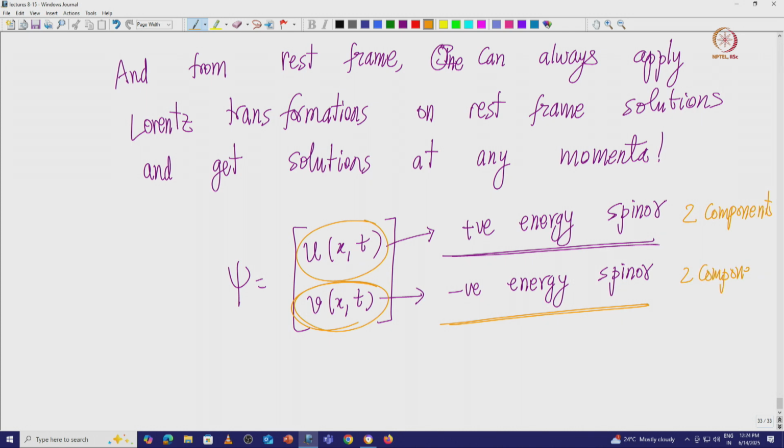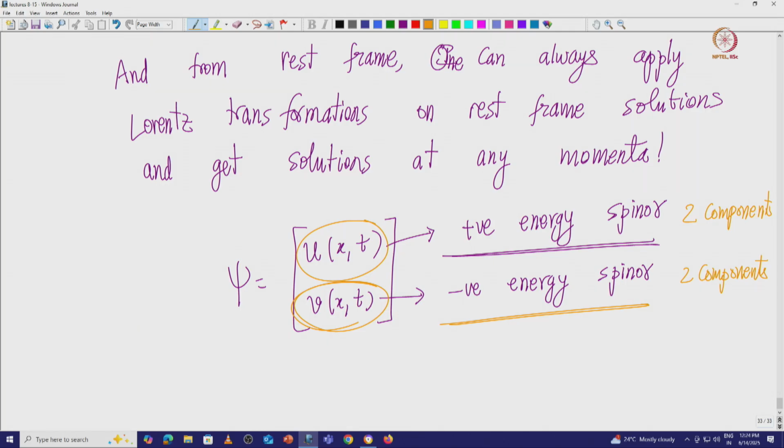Spinors typically come in 2, 4, 6, 8 and so on, depending upon the kind of dimension of space we are considering and the Lorentz transformation we are considering. For 4-dimensional spaces, we have Lorentz transformations in 4 dimensions. So the spinors can be either 2 component or 4 component.